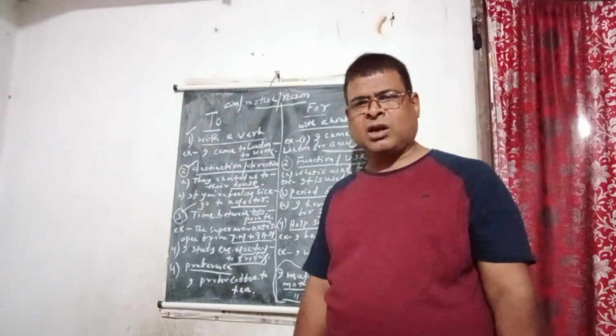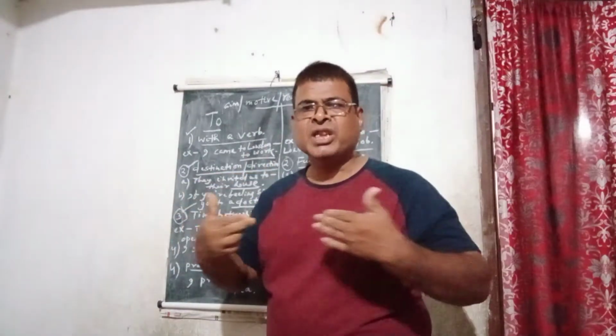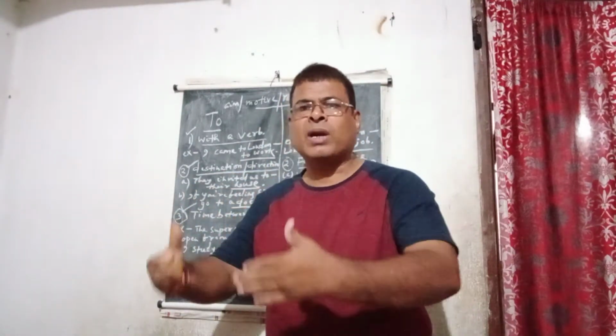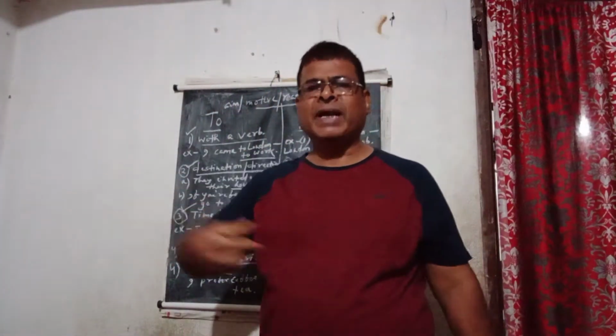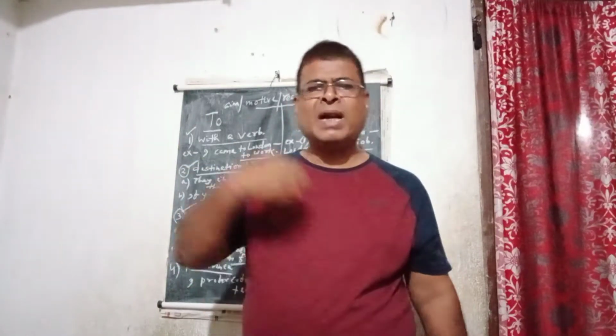Suppose I am standing here, I will go down there, means my movement is changing. I am making a movement. मेरा ट्रांसफर हो रहा है एक जगह से दूसरा जगह पर. So it is called the movement, the transfer from one place to another place.